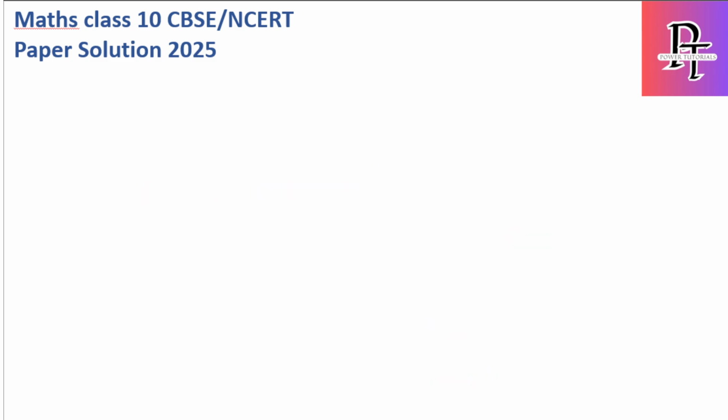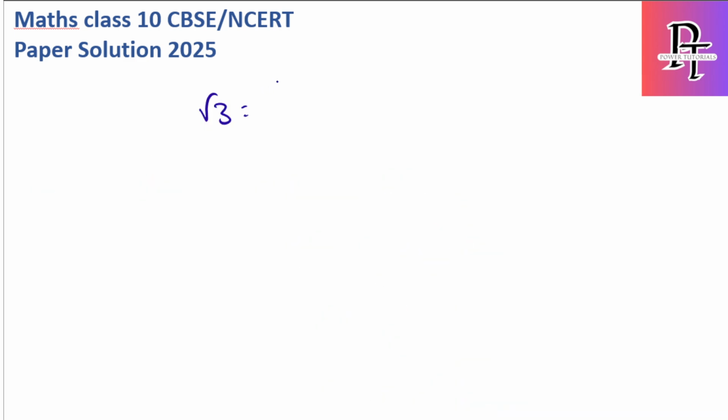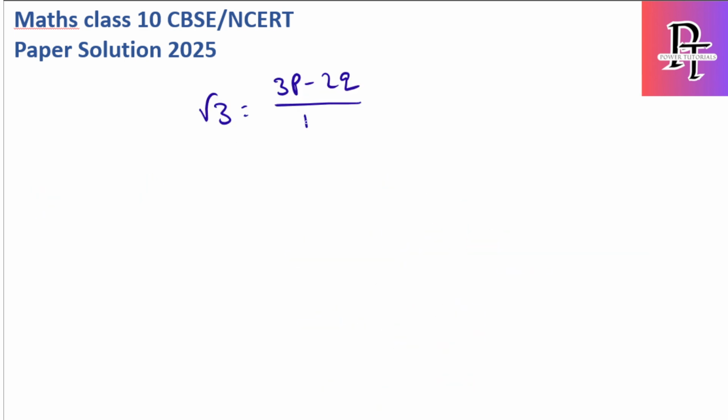Let's write only root 3 on one side, so we move the 5 to the other side. 3p minus 2q by 5 into 3q, which is 15q. As p and q are natural numbers, this ratio, 3p minus 2q by 15q, is definitely rational.